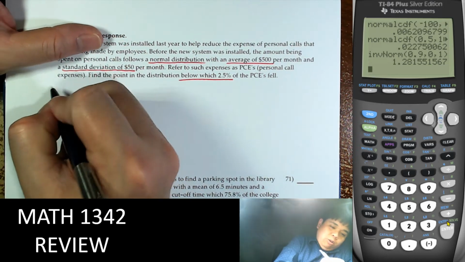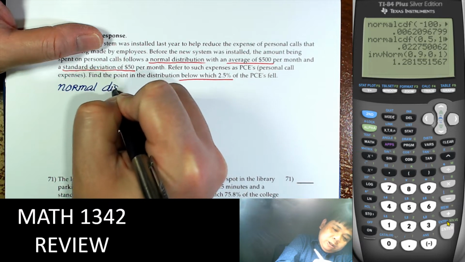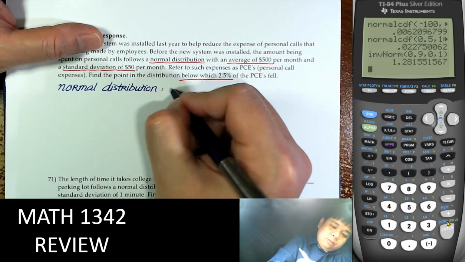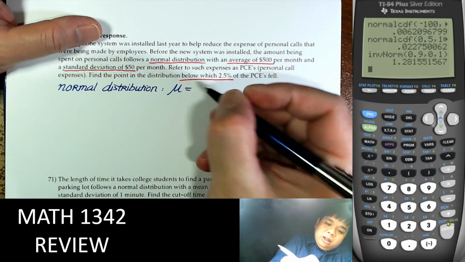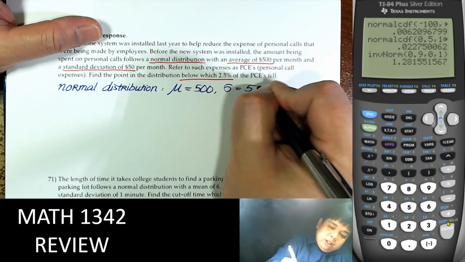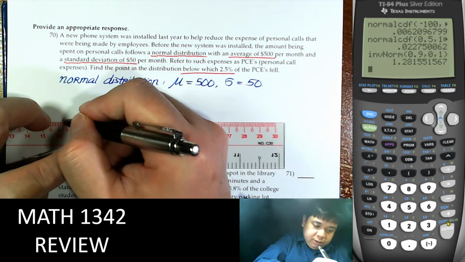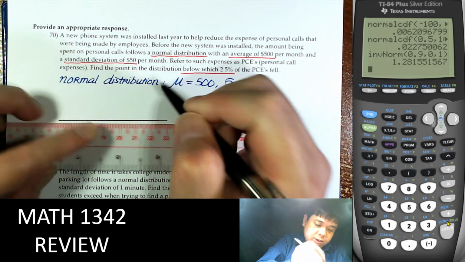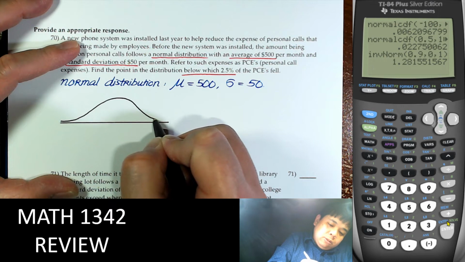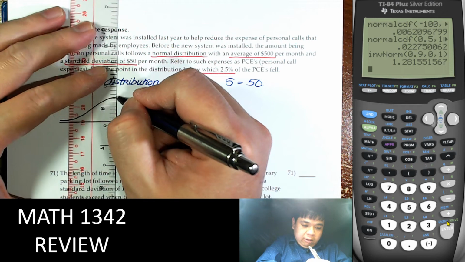Right, again, write down the details. This is normal distribution. The mean of 500, standard deviation of 50. So we can draw the normal curve, 500 in the middle.